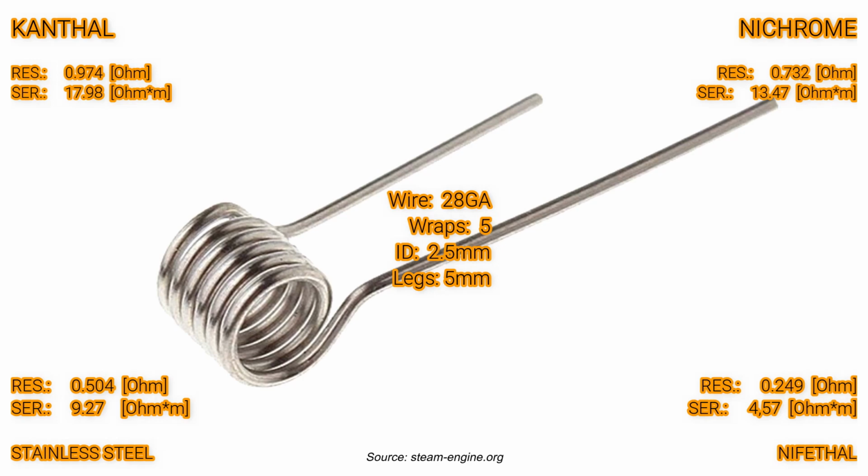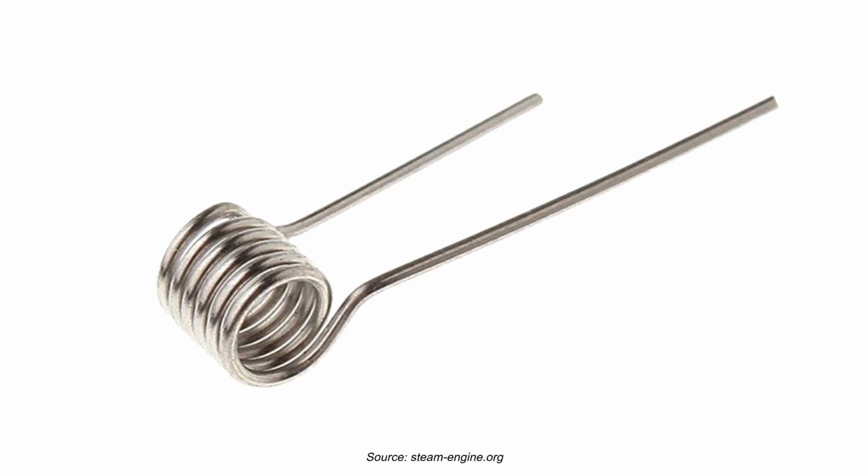The more wraps we do on the jig, the longer is the wire we use, the higher is the final resistance we obtain. At the same time, the thinner is the wire we use, the smaller is the cross-section of the wire, the higher is the final resistance value we obtain.